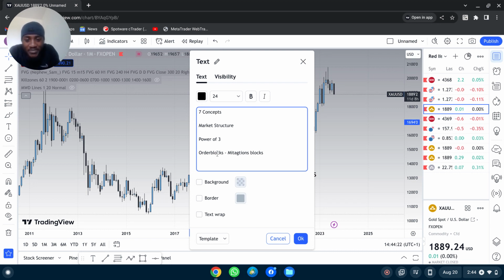Right, okay, so order blocks. What is also within the order blocks? You have mitigation blocks. There's 3. There's rejection blocks, we also have propulsion blocks.